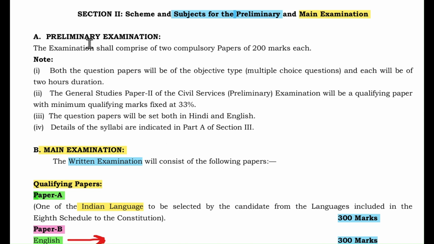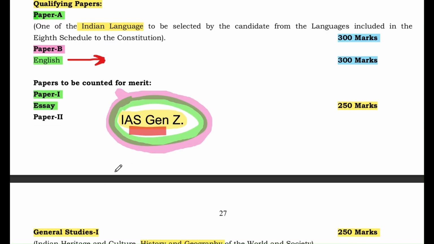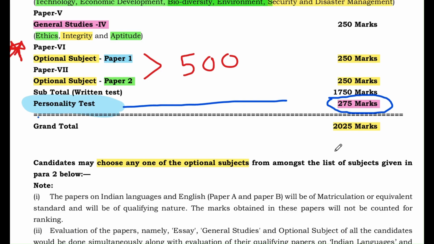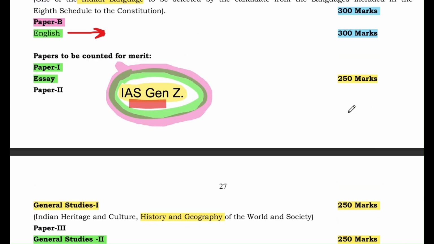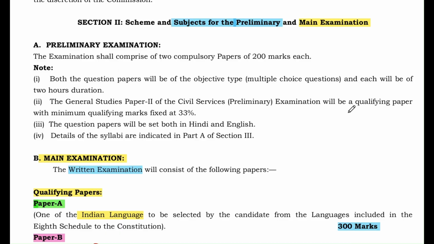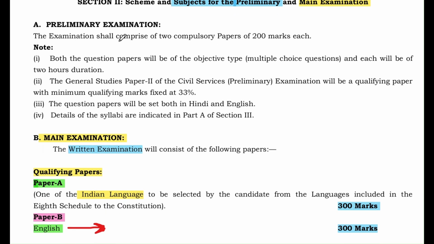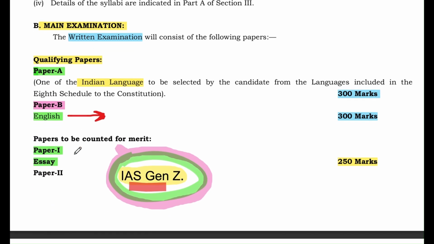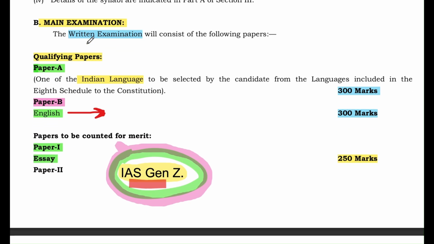UPSC has three stages. One is the preliminary examination, second is the mains examination, and third is the personality test for 275 marks. The prelims exam is MCQ, all objective type questions. In the mains examination there is a written examination with various papers like Paper A and Paper B. Paper A is related to any language mentioned in our Constitution.